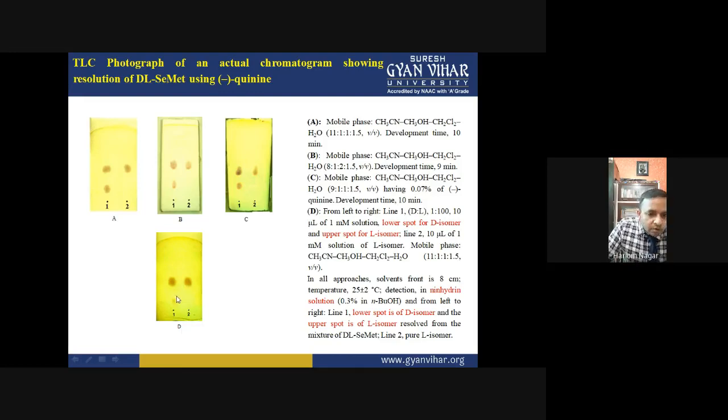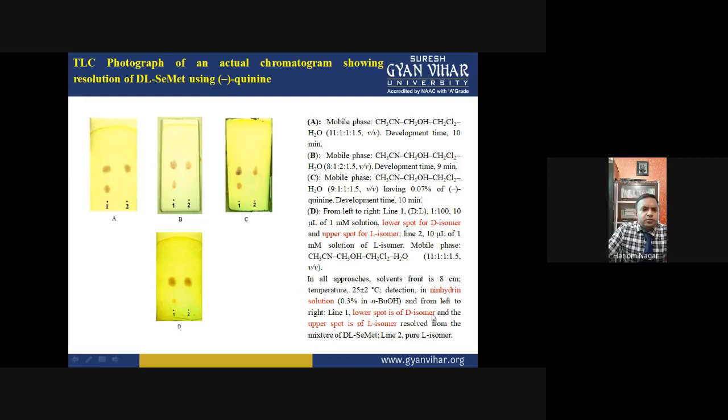In these chromatograms, we can easily see that the minor component is also observable, or detectable. So we can detect the minor component even if it is present with the other major component by this TLC approach.